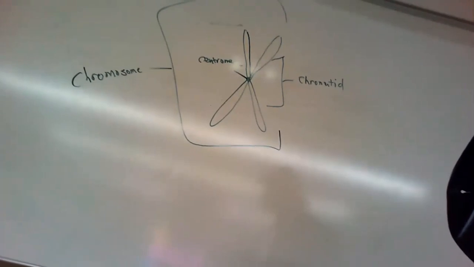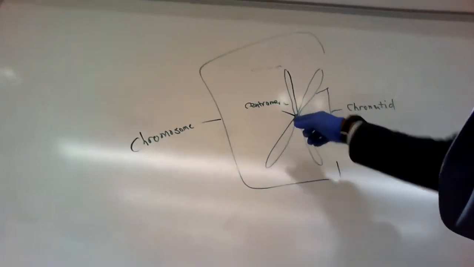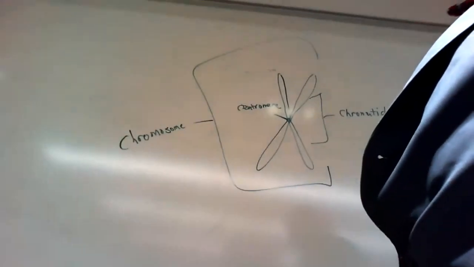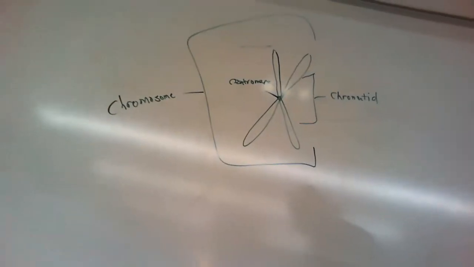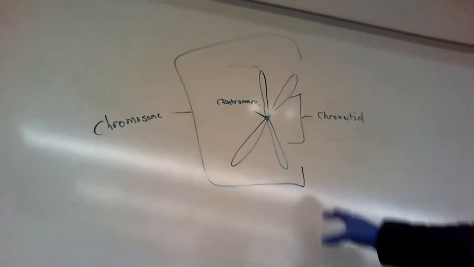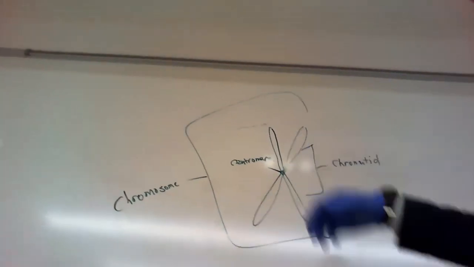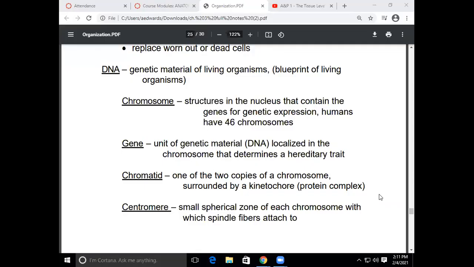Holding two chromatids together is a centromere. So just want to make sure you understand: two chromatids make a chromosome, and they're held together by a centromere.